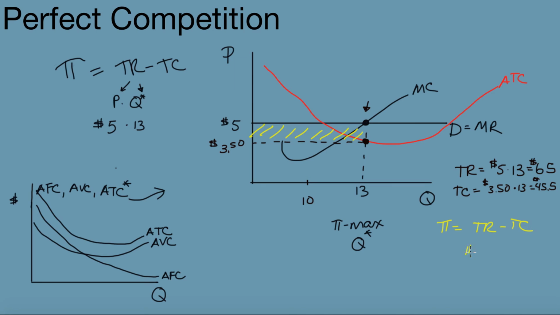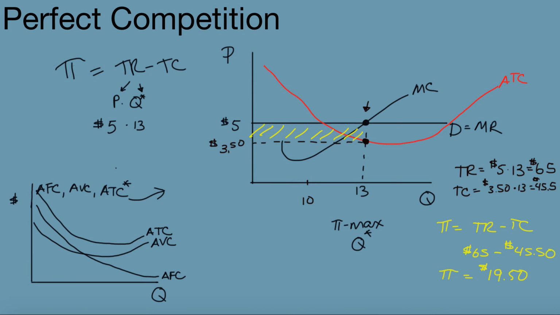So $65 is what they're bringing in, and it's costing them $45.50. That means their profits are equal to $19.50. I don't know if that's per day. Hopefully that's per hour, or something along that line. So this is how we would be able to find profits.